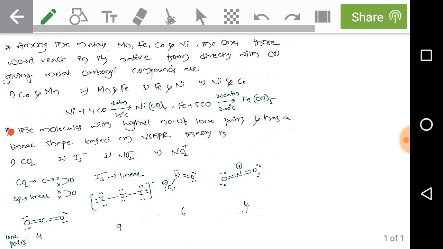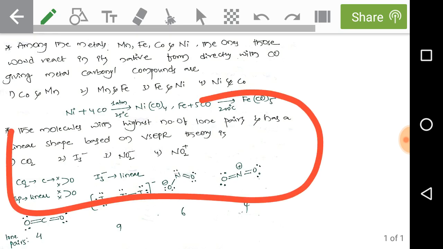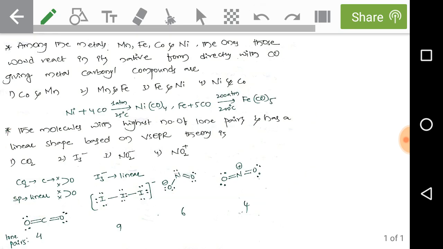Okay, next one, the molecule with the highest number of lone pairs and a linear shape based on VSEPR theory is. Here just use the same method. In carbon dioxide the central atom is carbon, which is making bonds with oxygens. So it is sp, without any lone pair of electrons, simply linear in nature.